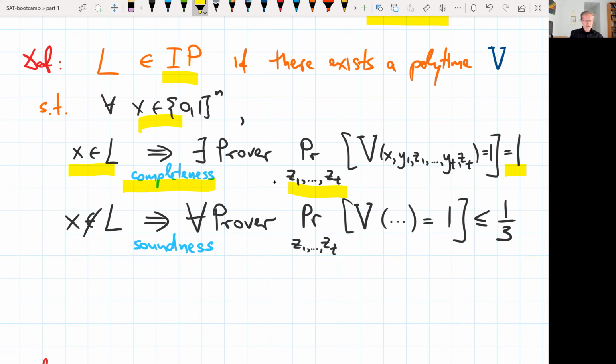And this is called completeness. So if X is in L, then the verifier can be convinced to accept with probability 1.